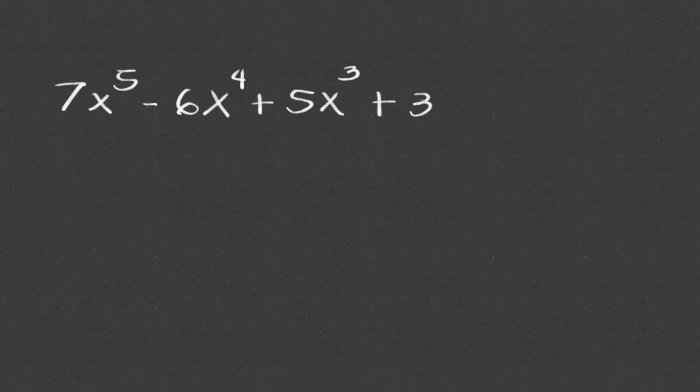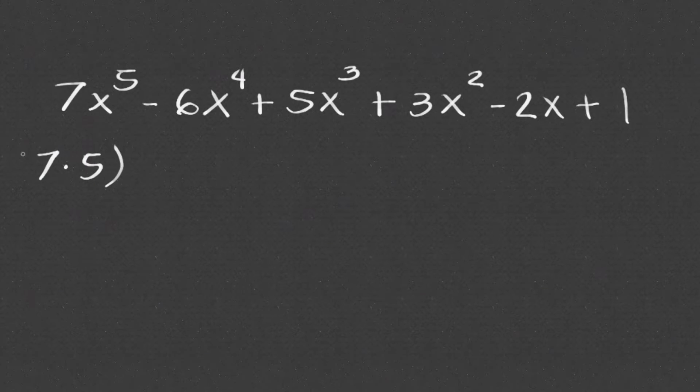What is the derivative of 7x raised to the 5th minus 6x raised to the 4th power plus 5x cubed plus 3x squared minus 2x plus 1? So you can pause the video to solve this one.